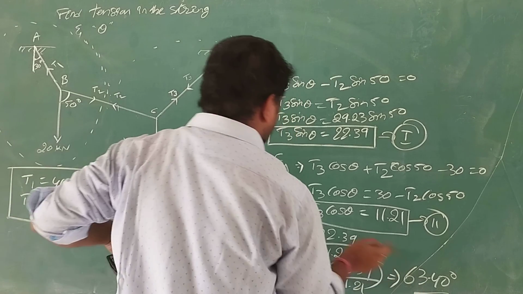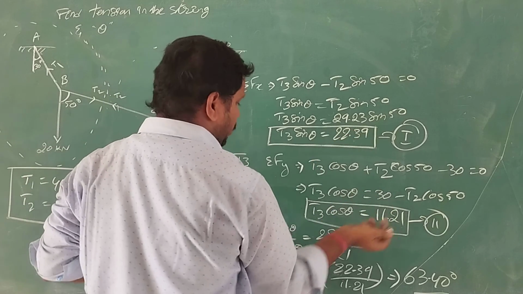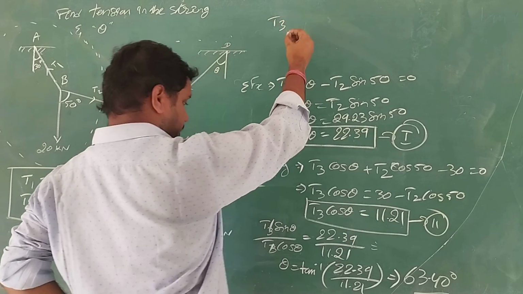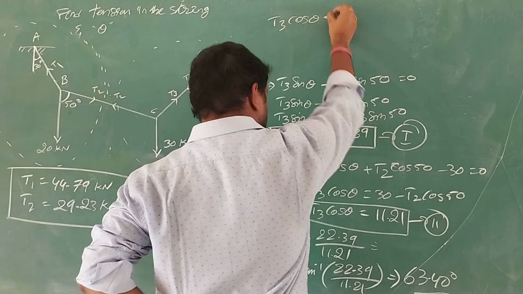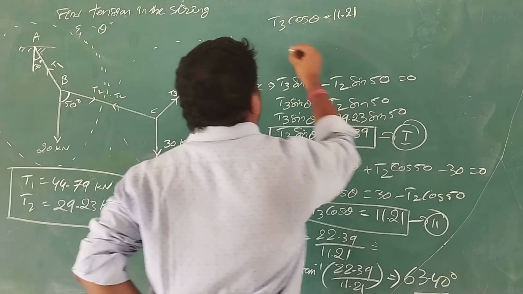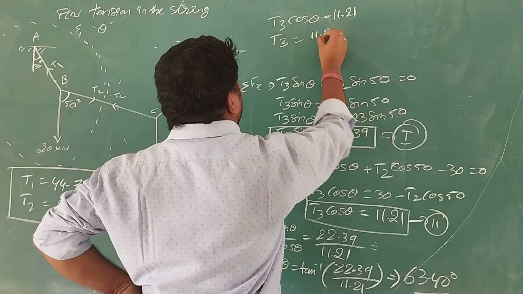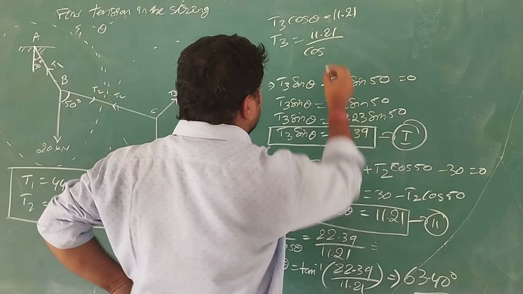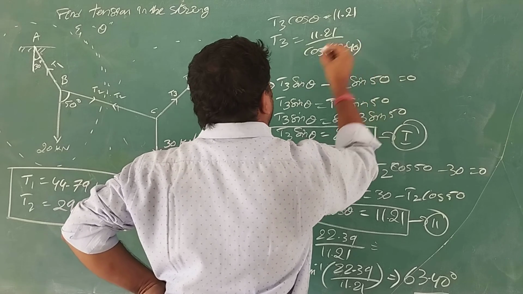Now, for this theta, you can apply either equation 1 or 2. If I apply the second equation, you see here T3 cos theta is equal to 11.21. So here we get that T3 is equal to 11.21 by cos theta. What is theta? 63.40.